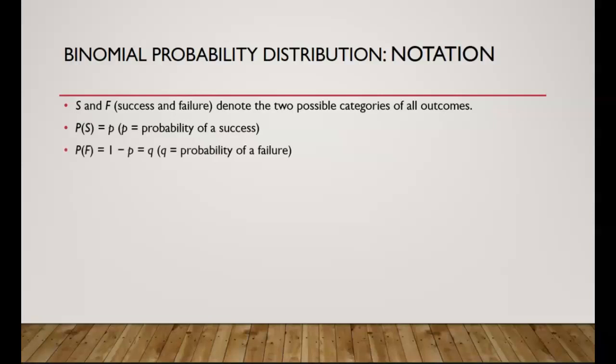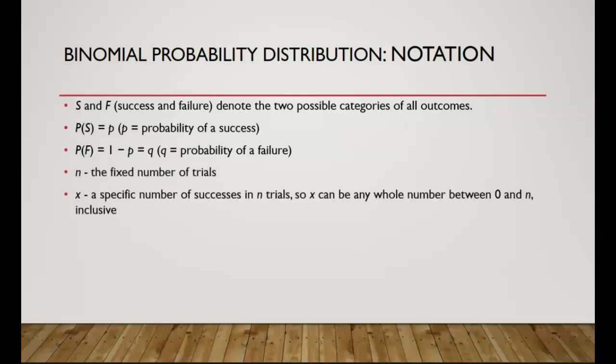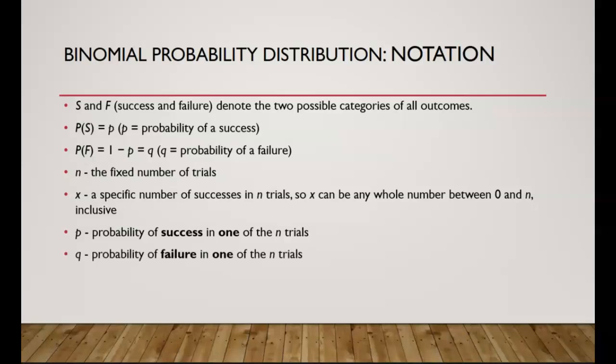P(F), or 1 minus p, the complement of the probability of success, is the probability of failure, abbreviated as q. n is the total number of trials. x is a specific number of successes in n trials. p is the probability of success in one of the n trials. q is the probability of failure in one of the n trials. P(x) is the probability of getting exactly x successes among n trials.